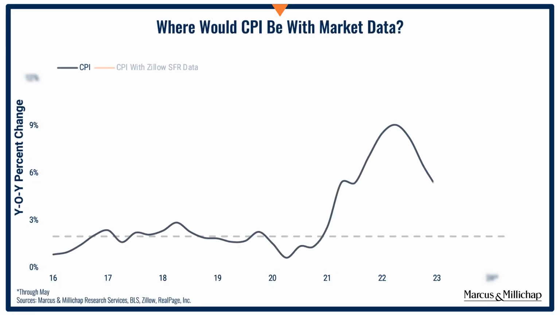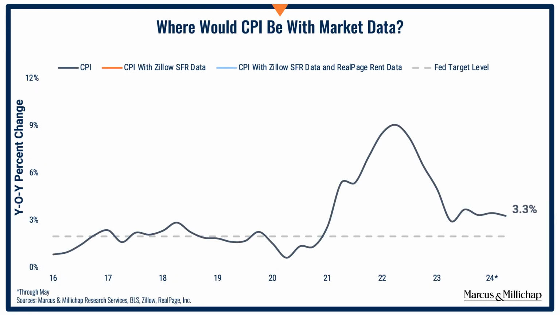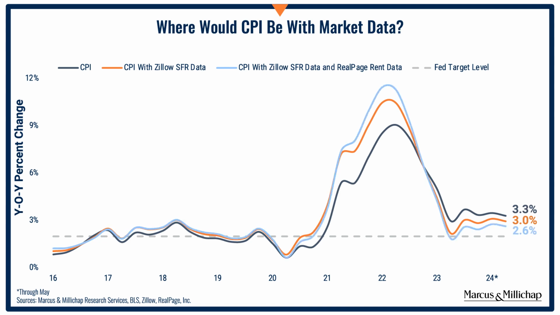If they used, for example, Zillow to calculate the owner's equivalent rent, then today's CPI inflation would be about 3%. If they also used more current data to calculate the rent of primary residence inflation, then the current CPI inflation reading would be about 2.6%. And if headline inflation were down to 2.6%, then we'd probably already be cutting rates.